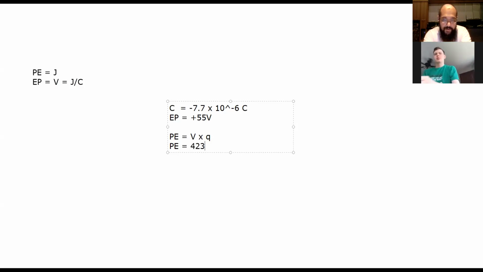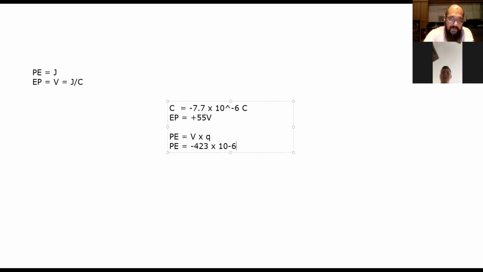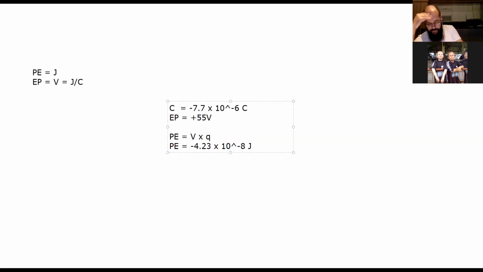So it'd be negative 423 times 10 to the negative 6, which I will then make 10 to the negative 8? Is it 10 to the negative 8? 4.2 times 10 to the negative 8 joules. Does that sound right?